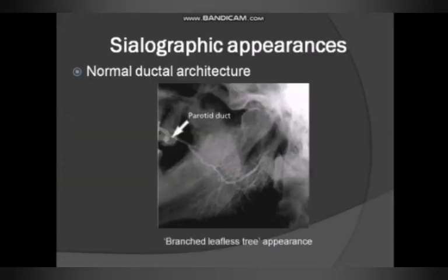Now we're going to see a number of pictures of sialographic appearances. This figure below is a sialographic view of normal ductal architecture, any ducts for any glands, showing a branched leafless tree appearance.